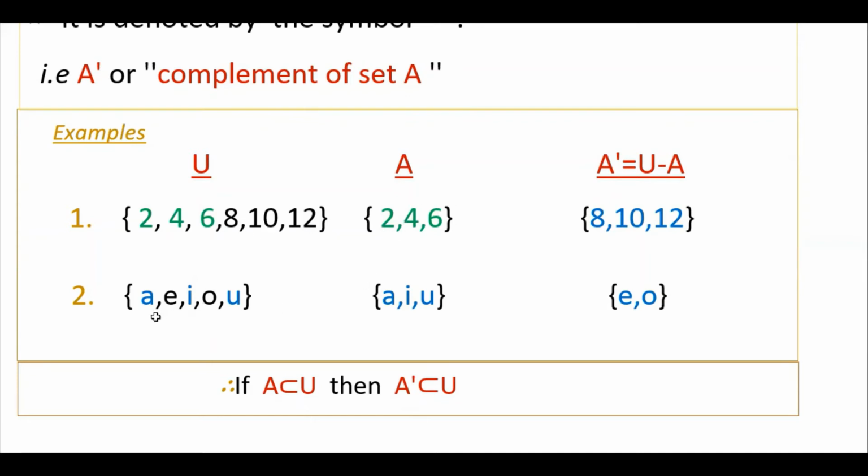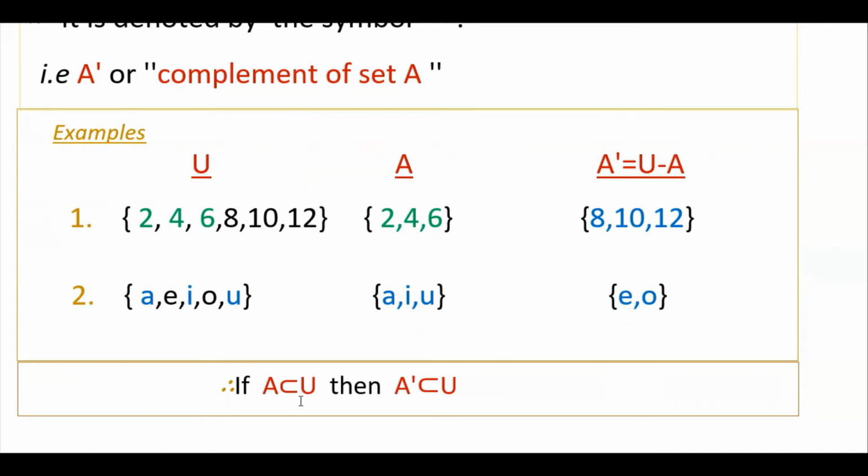And the next example is U is equal to {A, E, I, O, U} and A is equal to {A, I, U}. Then the complement of set A is equal to, you have to eliminate these elements A, I, U. Then the remaining elements of the universal set are E, O. So this is the complement of set A. And if you see here, always the set is a subset of the universal set, because all the elements of the related sets are in the universal set also.